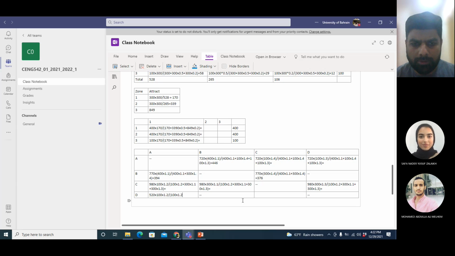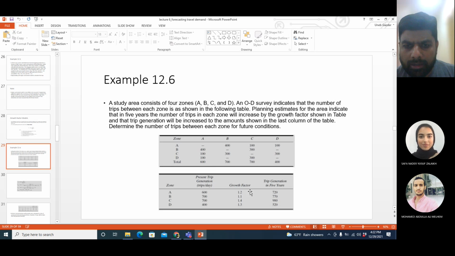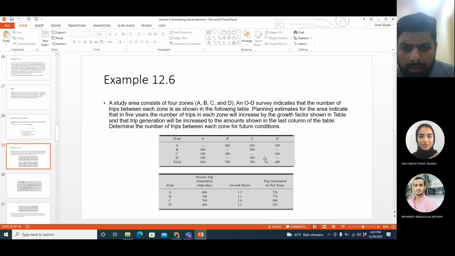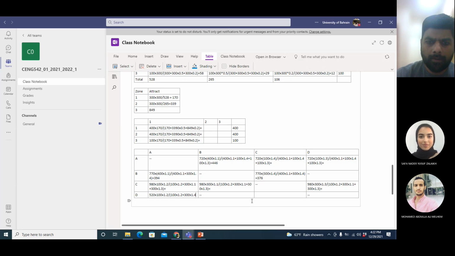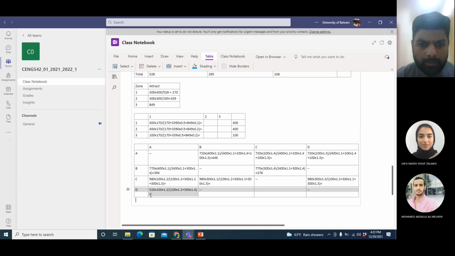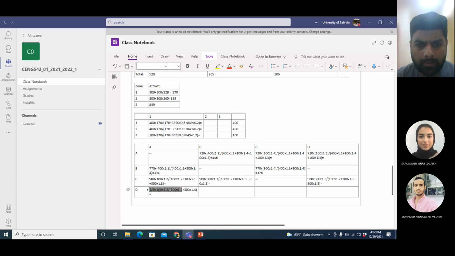So I have 100 into 1.2 plus 300 into 1.4 for C, so 300 into 1.4, plus, that's it. Then in that case, it's 300 into 1.4.